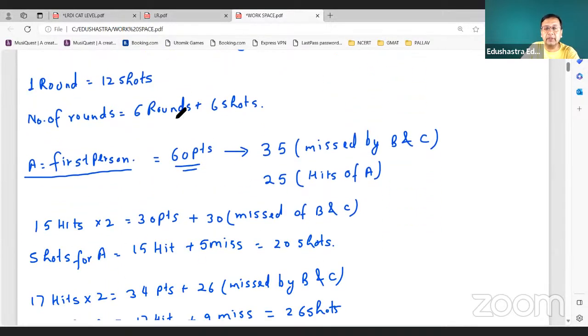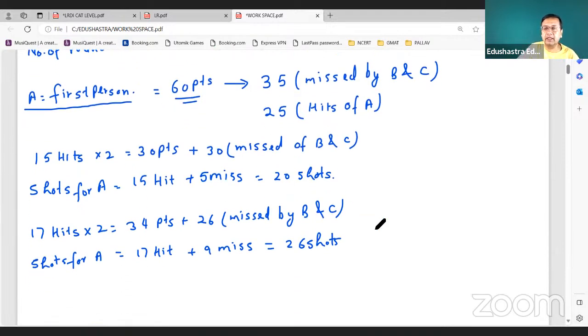So I can conclude here that A is the second person. A is shooting how much? 17 are hit, 9 are missed, total 26 shots, and this means A is the second person to shoot the target, right? Okay.